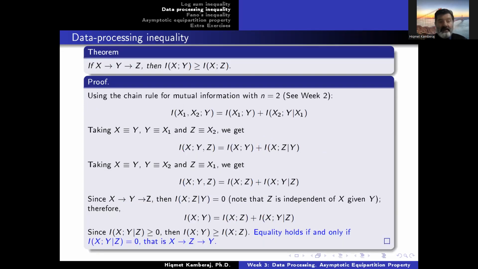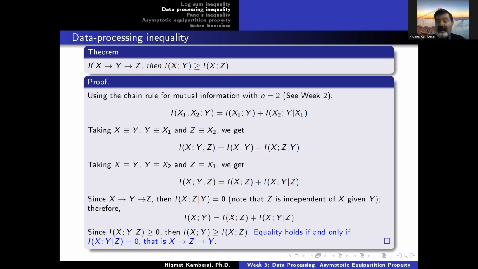Now, we are going to introduce the data processing inequality. If x, y, z form a Markov chain, then the mutual information between x and y is greater than or equal to the mutual information between x and z. Now you could prove this using the chain rule for mutual information from last week, but now consider only n equal to 2.